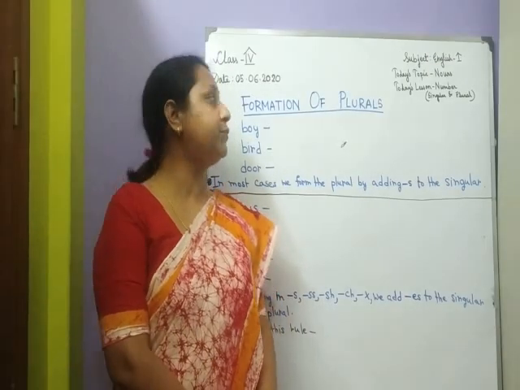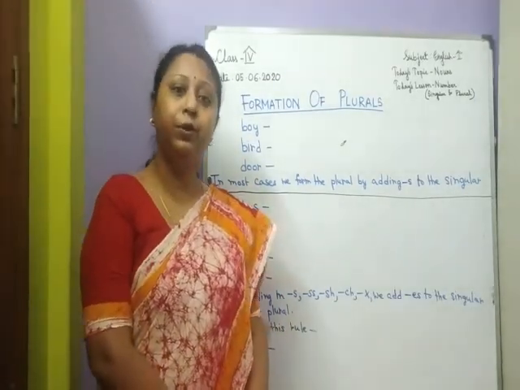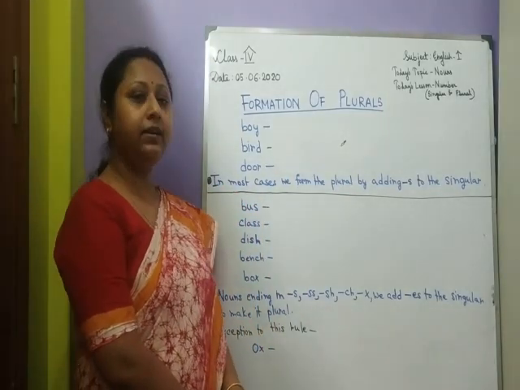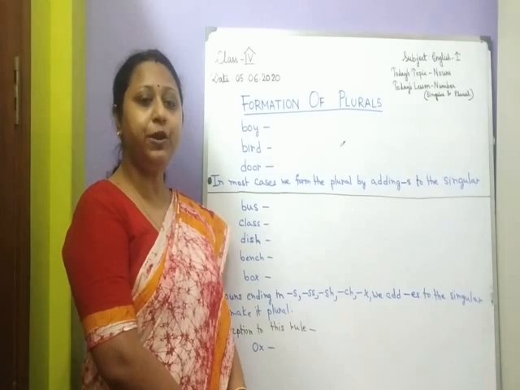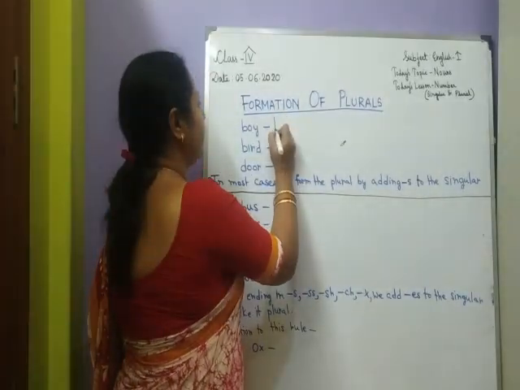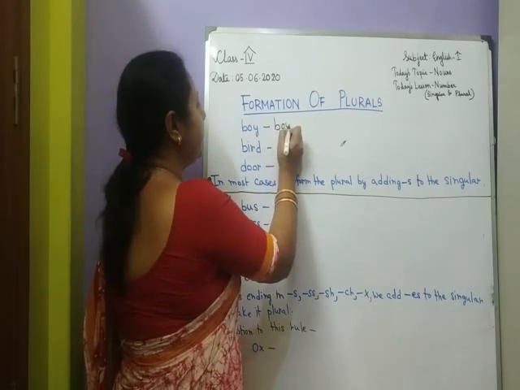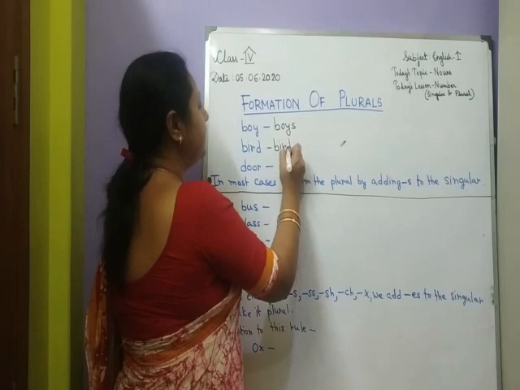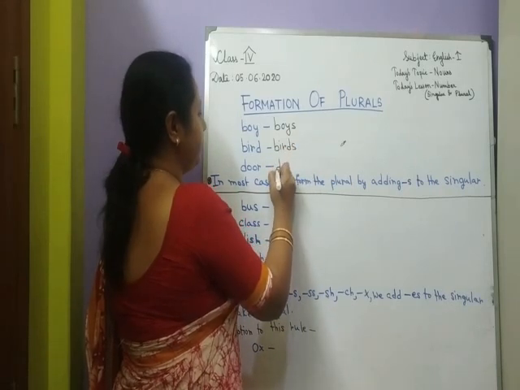Now let us come to the formation of plurals. Here I have written some nouns. They are singular nouns. I will show you how to make them plurals. Boy, boys. Bird, birds.